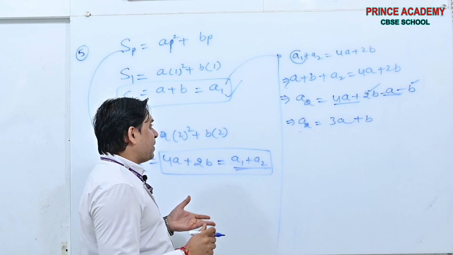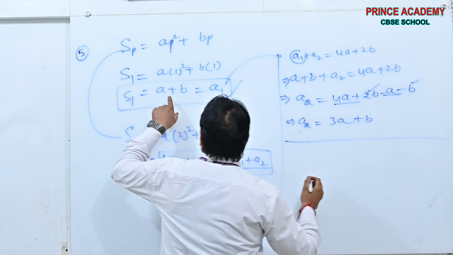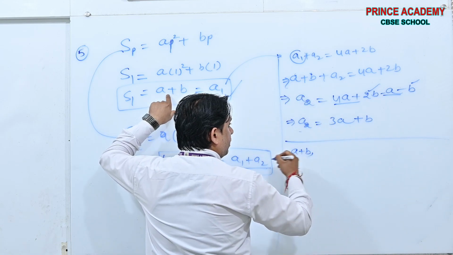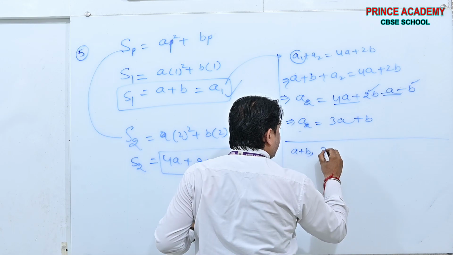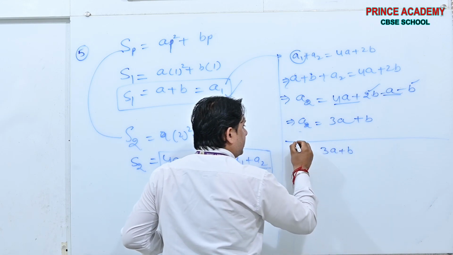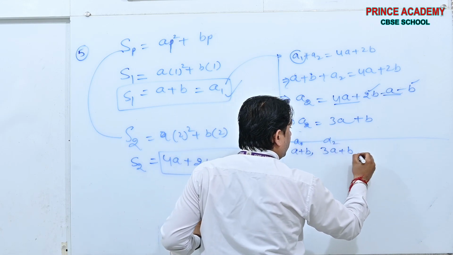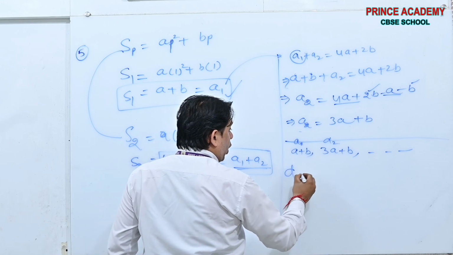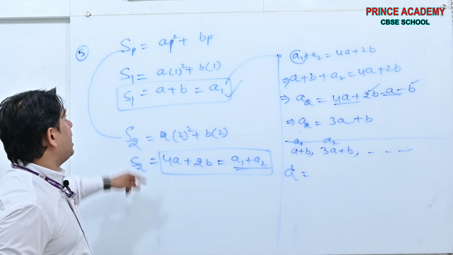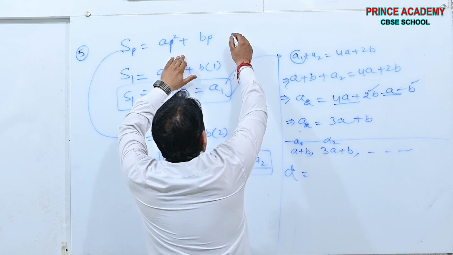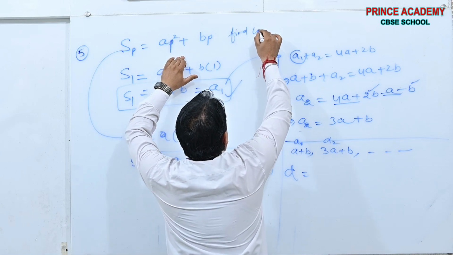Now see what our AP is. The first term is A plus B, comma, the second term is 3A plus B. This is A1, this is A2 and so on. What was the question, beta? If Sp is this, find the common difference.